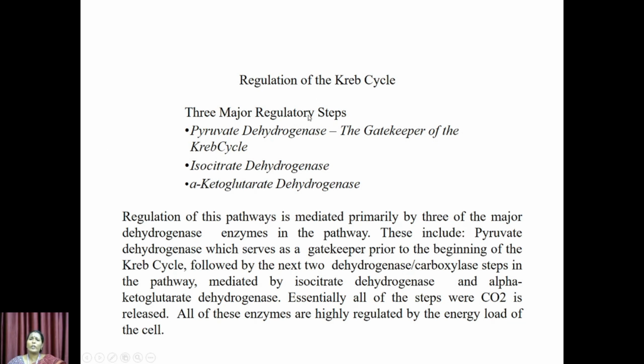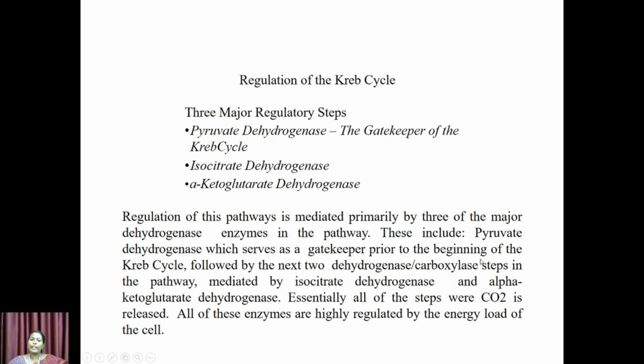The major regulatory steps: pyruvate dehydrogenase, isocitrate dehydrogenase, alpha ketoglutarate dehydrogenase. Okay, regulation of this pathway is mediated primarily by 3 of the major dehydrogenase enzymes in the pathway.